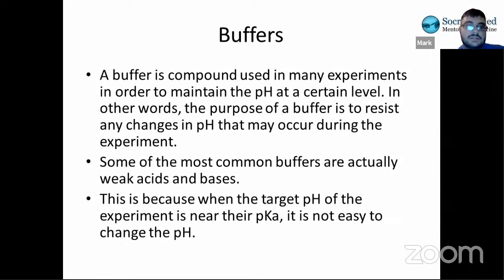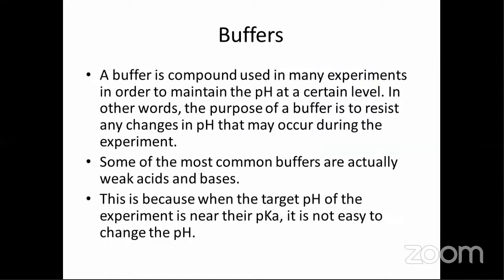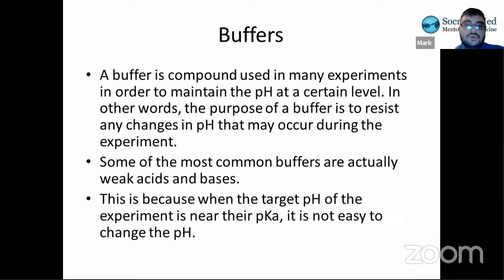So if we were trying to test a biological reaction in a test tube, and as the reaction was going on the pH changed suddenly, it wouldn't give us accurate results, because that doesn't happen in our body. The pH doesn't change. In order to do that, we use buffers. Their job is to resist changes in pH. They make sure that the pH of the solution doesn't change.